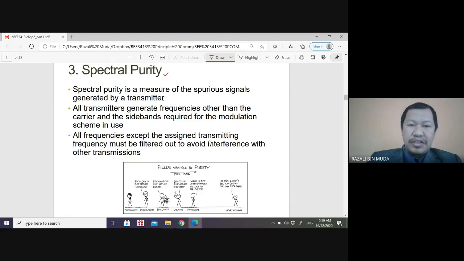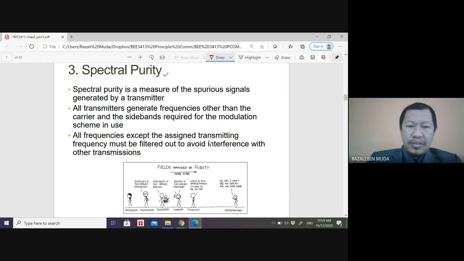All transmitters generate frequencies other than the carrier and the sidebands required for modulation scheme in use. All frequencies except the assigned transmitting frequency must be filtered out to avoid interference with the other transmission.